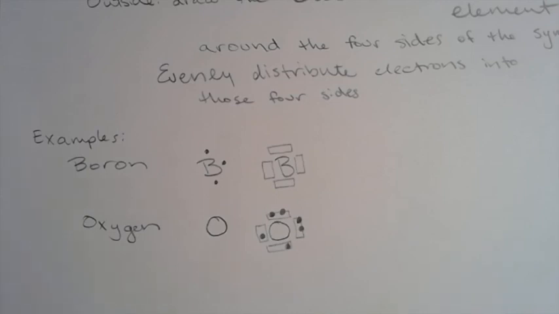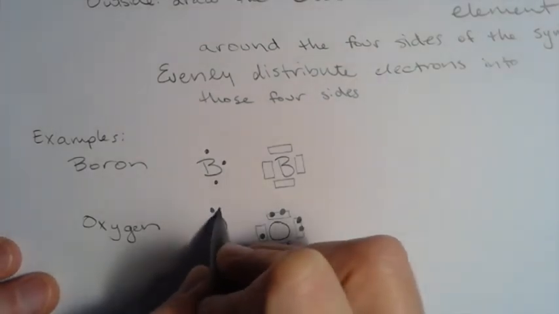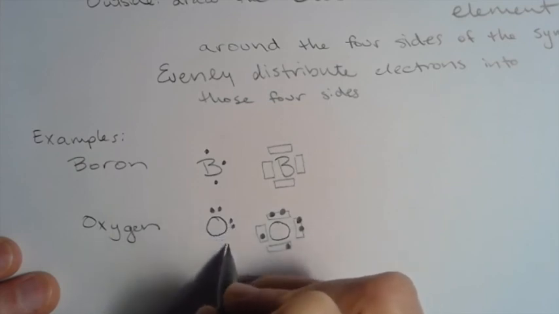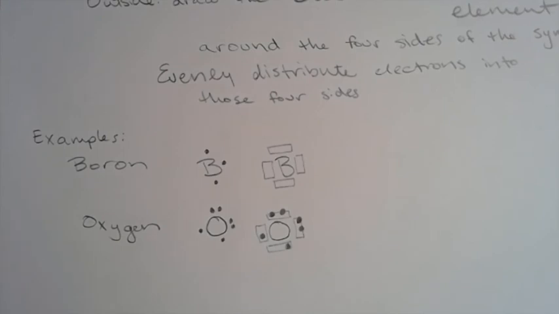You cannot have a half an electron, so don't worry about that. It looks off kilter, right? Like it looks like you've got 2 on 2 sides. And you do. Your paper is 2-dimensional.